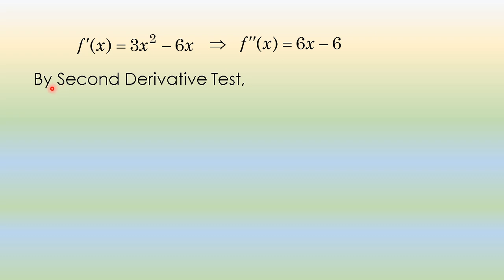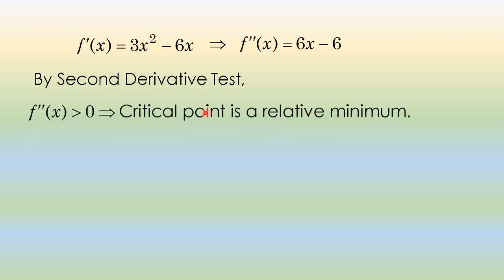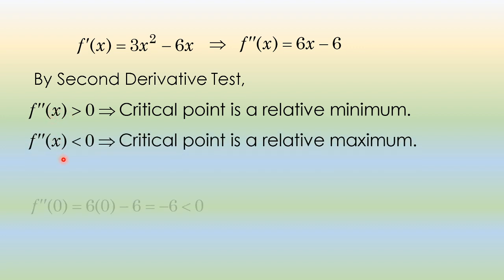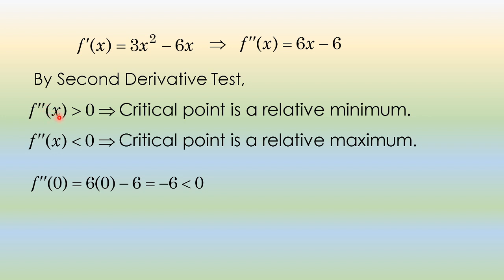In differential calculus, applying the second derivative test, we have the following. If the second derivative of f of x is greater than 0, then the critical point is a relative minimum. If it is less than 0, it is a relative maximum.